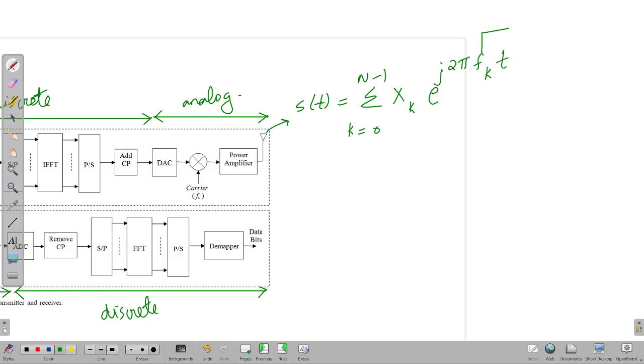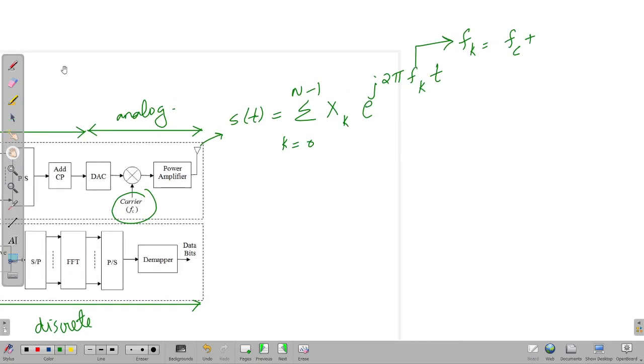And this fk, which is the center frequency of the subcarrier, fk is equal to fc, which is the carrier frequency here, fc plus k into bn, where bn is the subcarrier bandwidth, that is the separation.